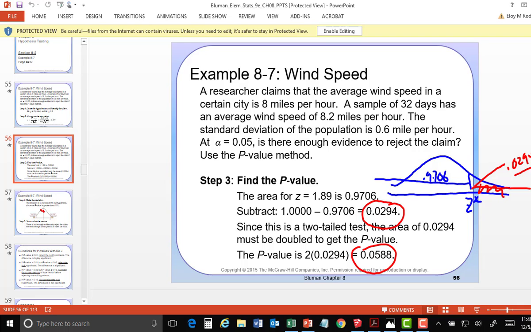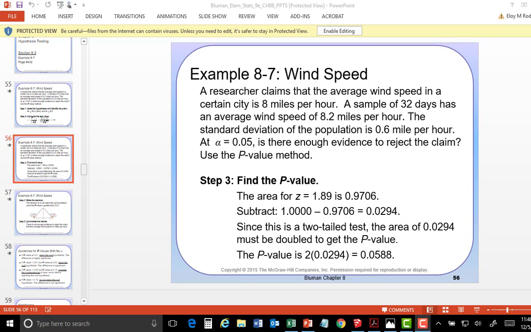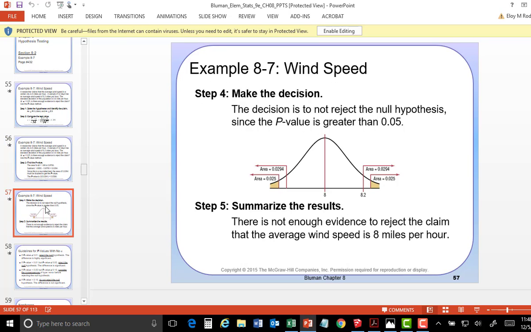So let's see. Okay, so here we have the area from here on out, 0.025, it's half. And here's the other half, because it's two-tailed, right? So now I find the area from here on out.